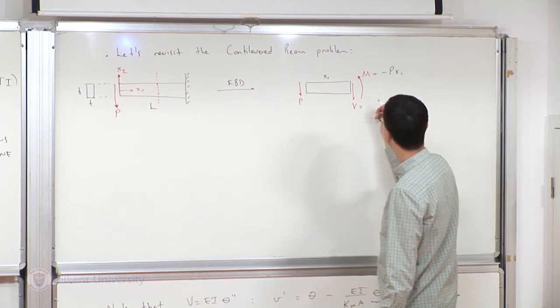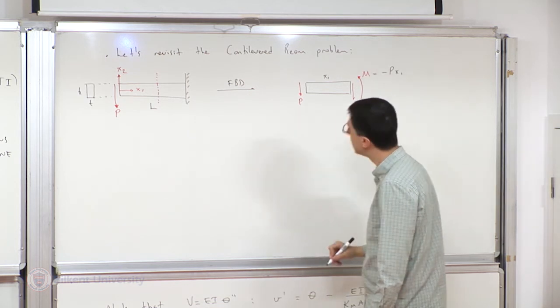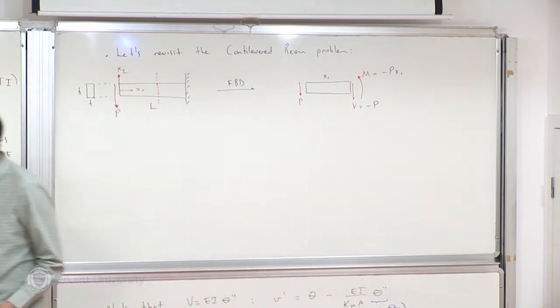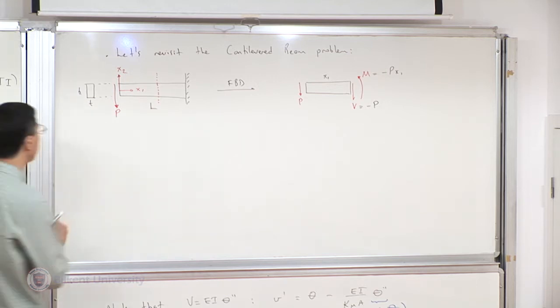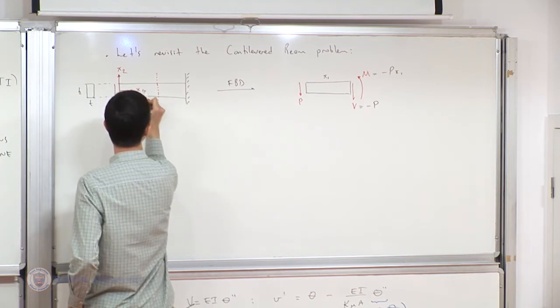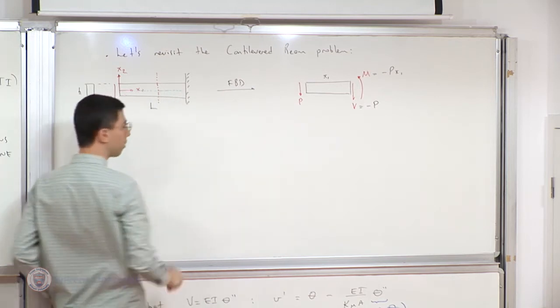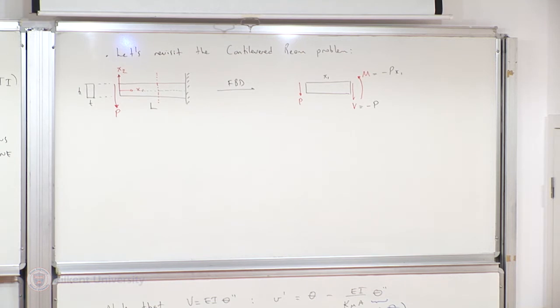And the internal shear force is a constant, and it's equal to minus P. Let us now solve what the deflection is for this beam. So deflection, again, is going to be the vertical displacement along the neutral axis, the x2 equals 0 line.